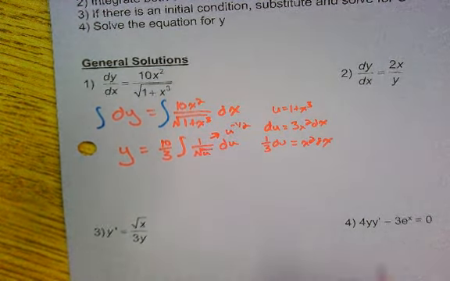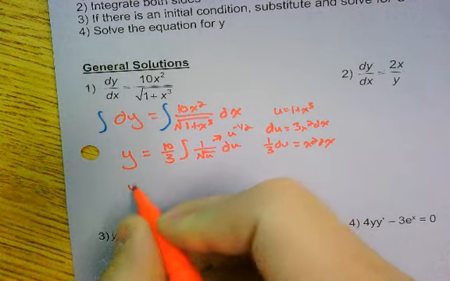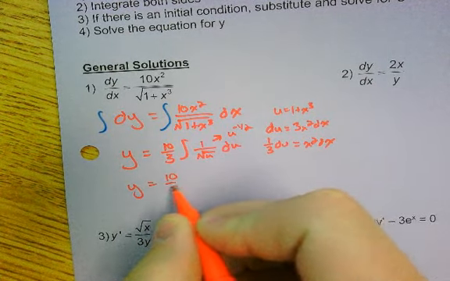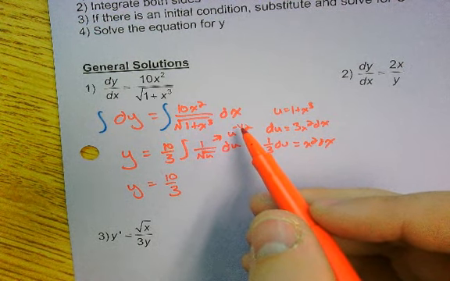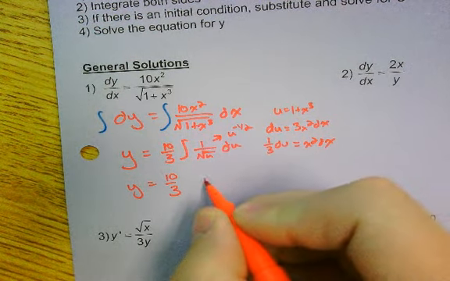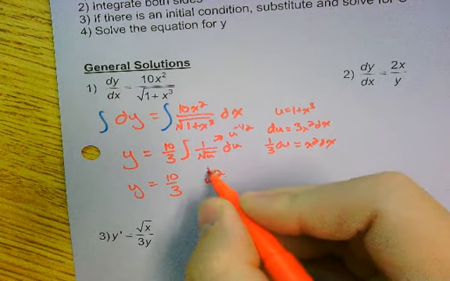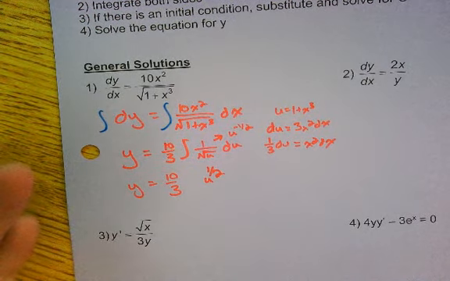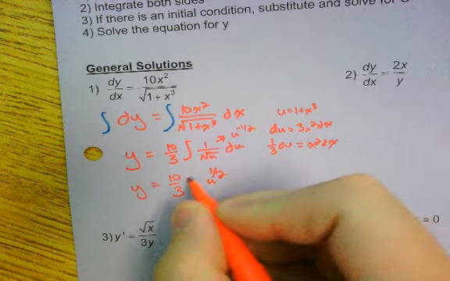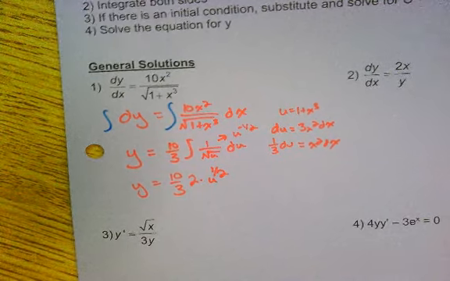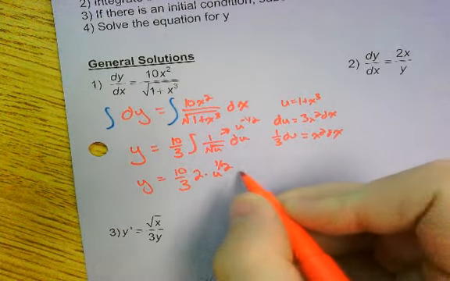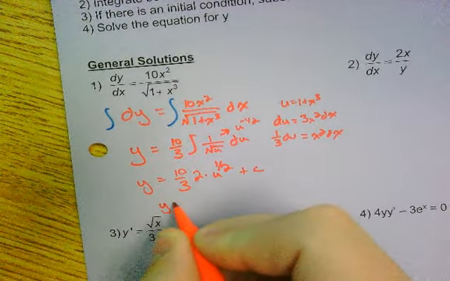Okay, so what's the antiderivative of u to the negative 1/2? You add 1 to get 1/2, so it's going to be u to the 1/2, and divide it by 1/2, which is the same thing as multiplying by 2. What am I slightly missing? Plus c.